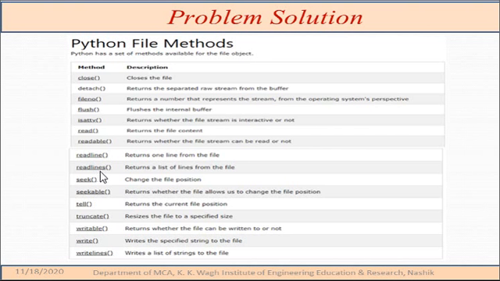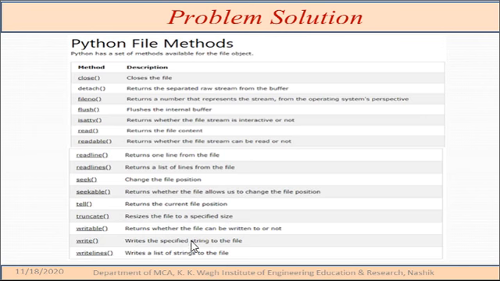Whereas if we want to read multiple lines, then you have to use the function called readlines, which returns a list of the lines from the file. Seek changes the file position, whereas seekable returns whether the file allows you to change the file position or not. Tell returns the current file position, whereas truncate resizes the file to the specified size.